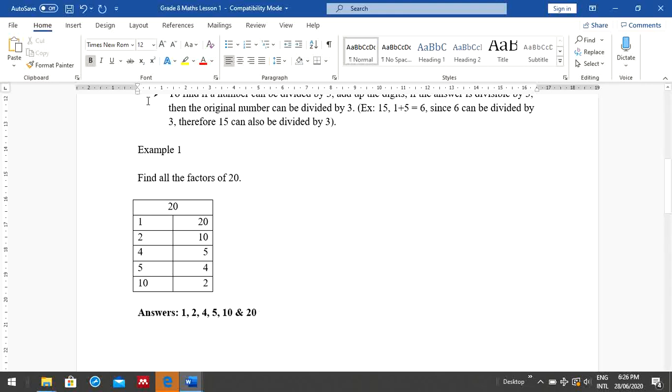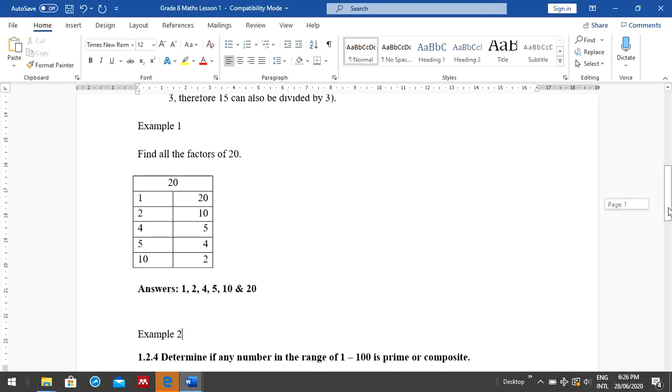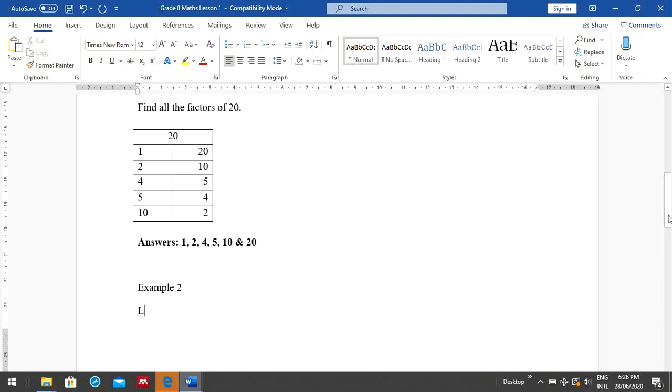Example number 2. Find all the factors of, or list all the factors of 18.